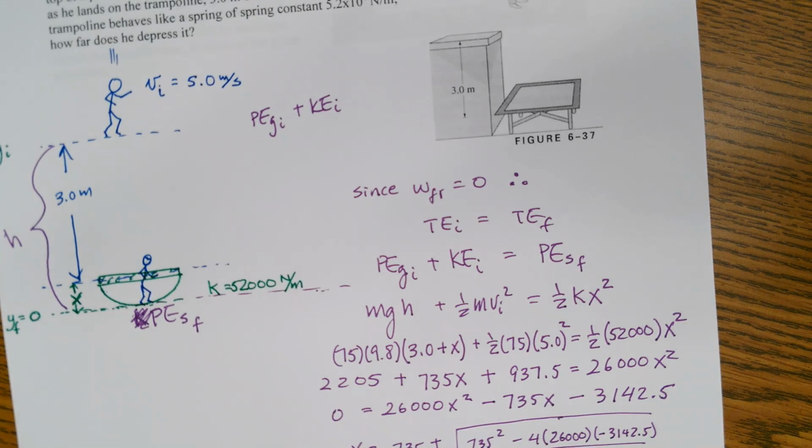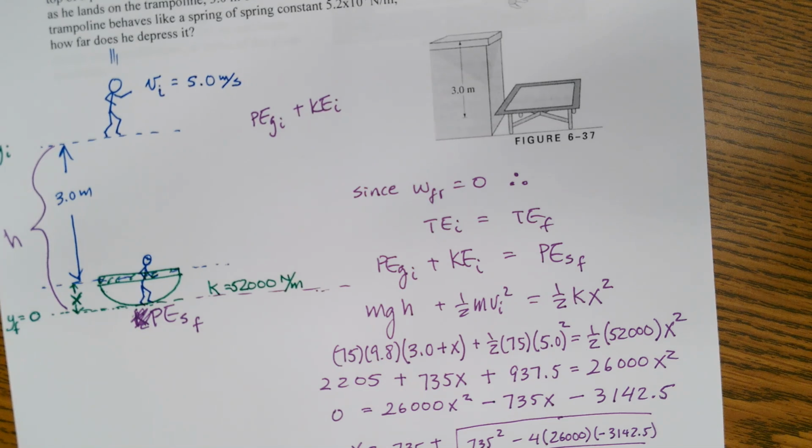I would just use the calculator. If you put 26,000 here, and then here you put in negative 735, and here negative 3142.5, and then ask it to calculate it for you, it magically calculates things for you.